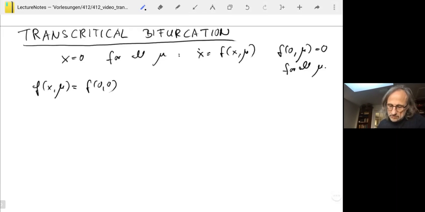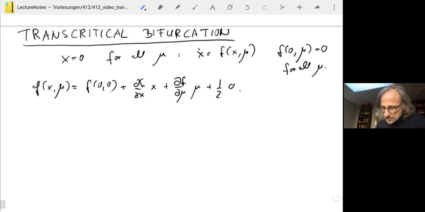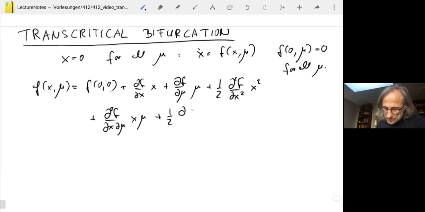Again, we're assuming the fixed point is at 0 that we're talking about, plus Taylor expansion df by dx times x plus df by d mu times mu plus 1/2 d2f by dx squared times x squared plus d2f by dx d mu times x mu plus 1/2 d2f by d mu squared times mu squared, plus higher order terms.